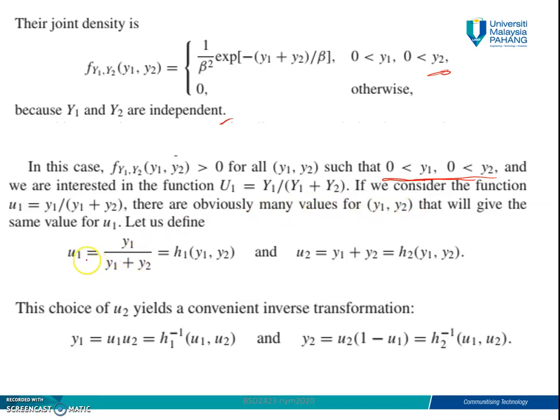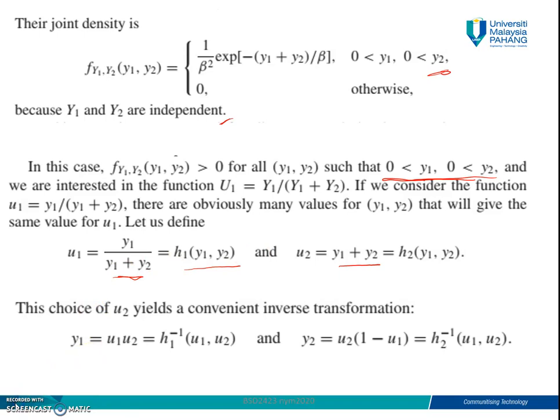So let us define u1 equal to this one. This is the first function, h1. And then you let u2 equal to y1 plus y2. Even though the question didn't give it, you can do that.